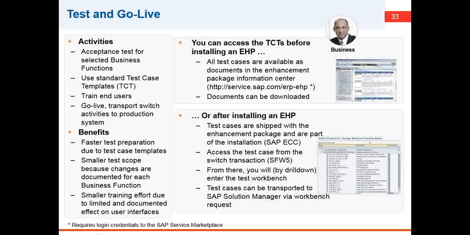You're going to do the update of the productive system. You will need to install using Software Update Manager. The activation is transportable. Unfortunately, the installation is not. It does still require a maintenance weekend. You'll release the EHP system for productive operation, and typically most everyone will do a couple of weeks of post-go-live support, and that depends on how many business functions we're actually rolling out to the business and how complex they are.